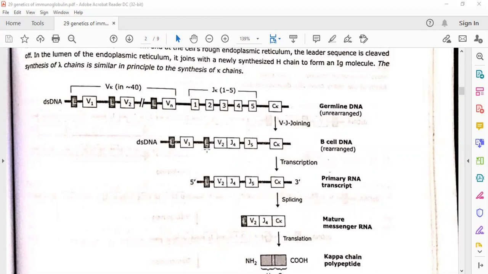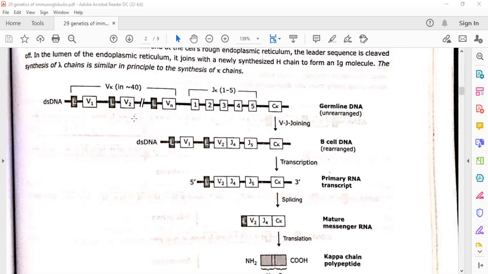Okay, so V2 must be there, and then from the J, which gene is selected? Suppose J4 is selected. This J4 is selected. So what will happen actually?